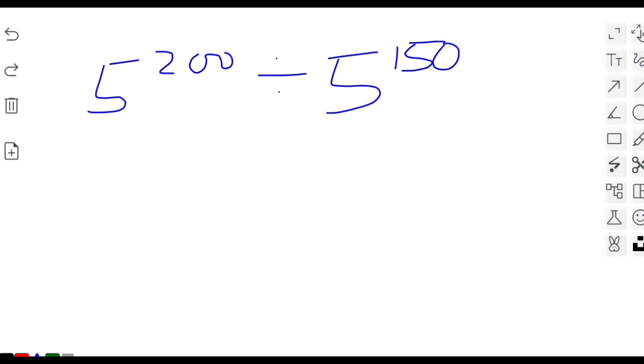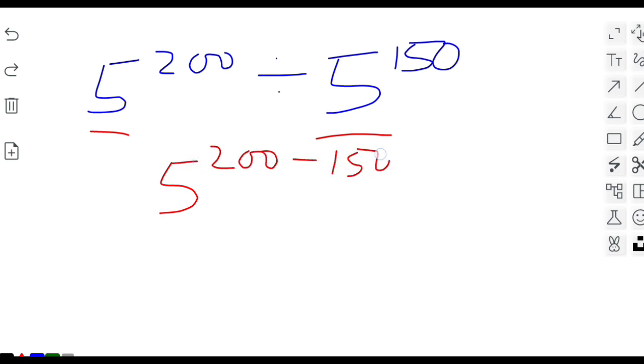So instead, it's better we apply our indices rule. Since the bases are the same, we apply our division rule of indices by saying 5 raised to the power of 200 minus 150. And 200 minus 150 is going to give us 5 raised to the power of what? Of 50, which is going to give us our final answer.